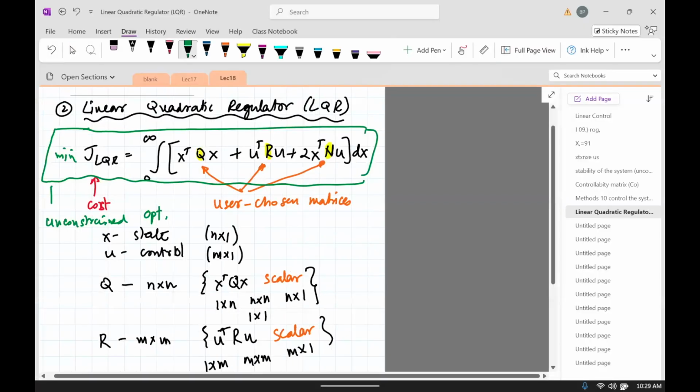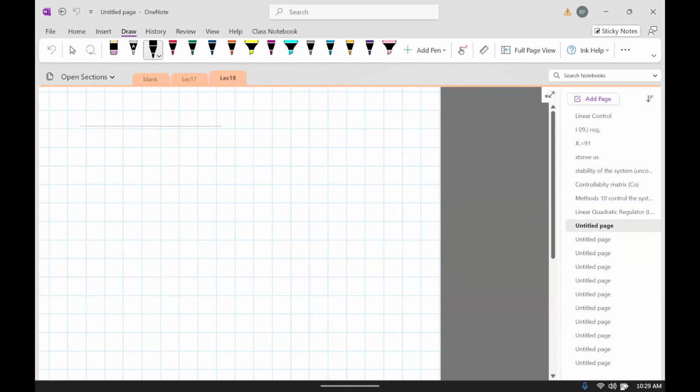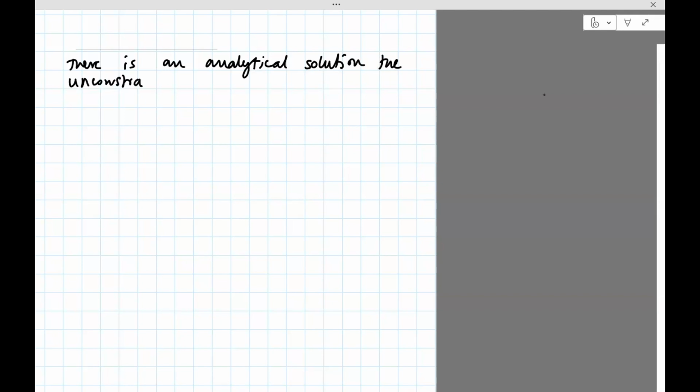We'll not get into the details of how this is computed, but there is an analytical solution to the unconstrained optimization problem. The solution is, first of all, u equals minus Kx. That's the same form as what we did for pole placement.